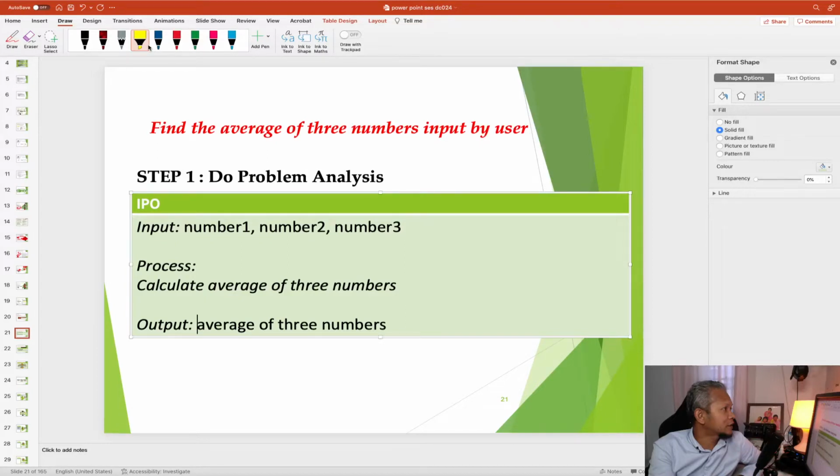The algorithm has two types: first is pseudocode and then flowchart. Most important is that in the algorithm you need to use the formula, the mathematical formula, and be sure to use the correct variables. Because in the problem analysis in IPO you just explain what formula we can use, but in the algorithm you need to use the exact mathematical formula.